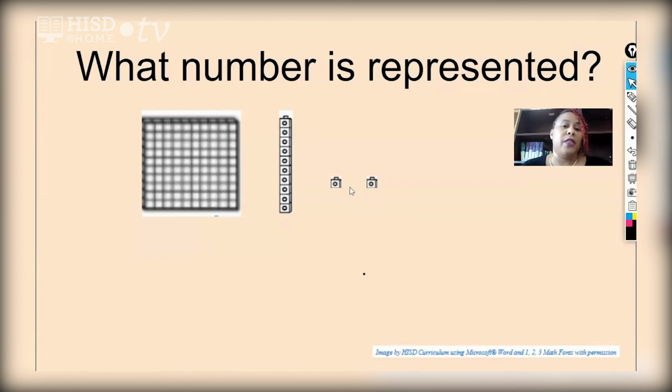So if I put it together to find the answer, I have 100 and 10 more is 110, 111, 112. So the number I have represented here is 112.